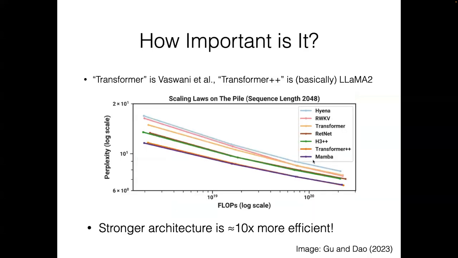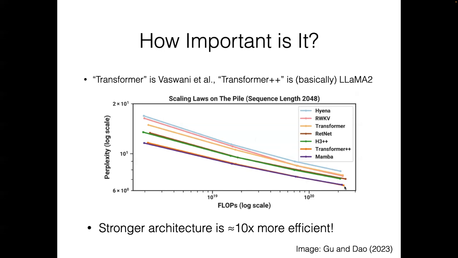And then one last note, which is how important are these different add-ons? So this is from a paper on a different topic, about different architectures. Here they have the original transformer in this yellow, and we're looking at the perplexity.